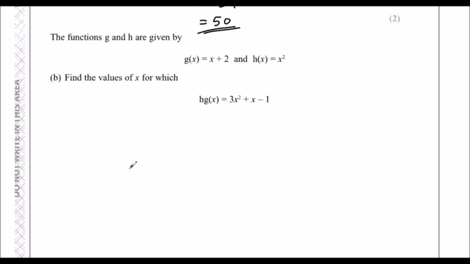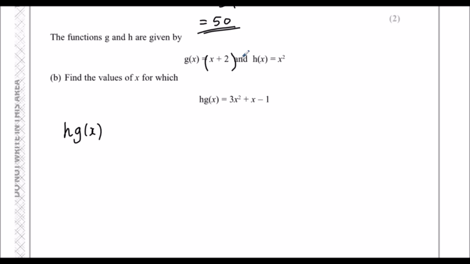The functions g and h are given by g of x is x plus 2 and h of x is x squared. Find the values of x for which hg of x equals 3x squared plus x minus 1. So hg of x means putting g into h.